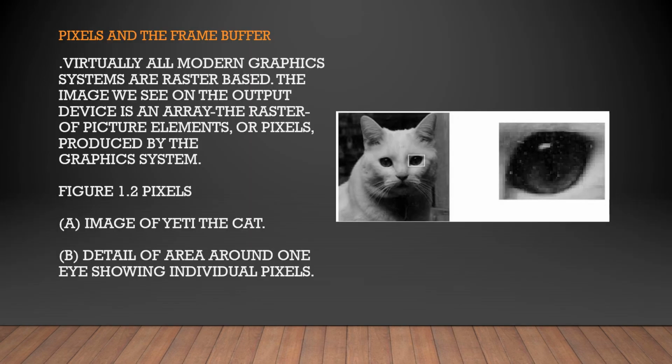Pixels and the frame buffers. Virtually all modern graphics systems are raster based. The image we see on the output devices is an array, the raster, of picture elements or pixels produced by the graphics system.